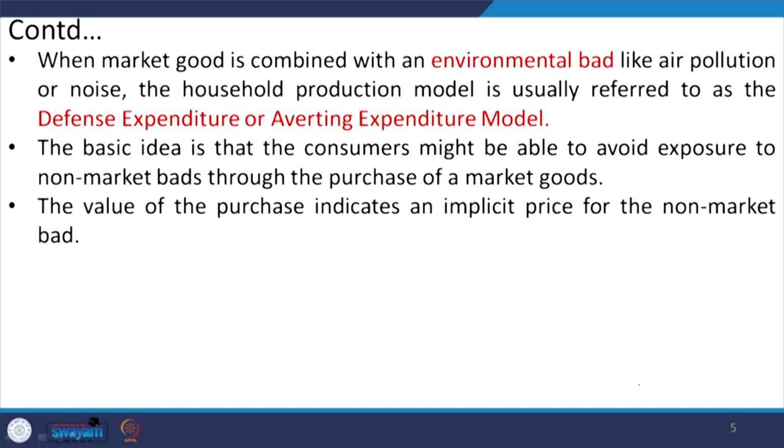So here the value of the purchase indicates nothing but some implicit price. So whose implicit price? The consumer's behavior in purchasing the AquaGuard is indicating the implicit price for the non-market bad itself. So it is not explicitly stating that the price of the AquaGuard is equivalent to the value of the water quality, rather it is implicitly stating the price of this non-market bad.